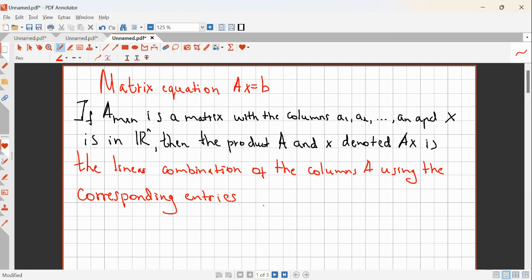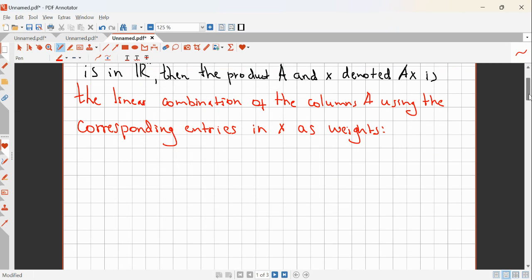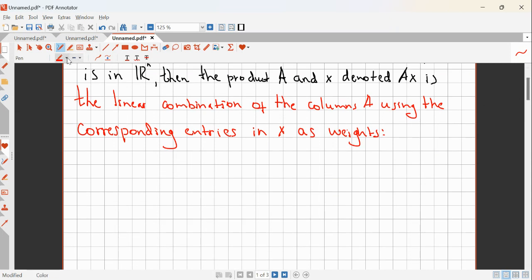In other words, entries are elements in x as weights. A11, A21, Am1, and x: x1, x2, xn.